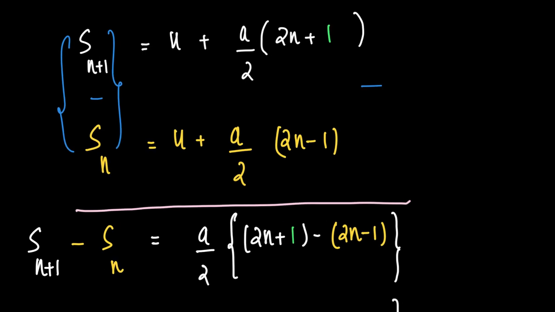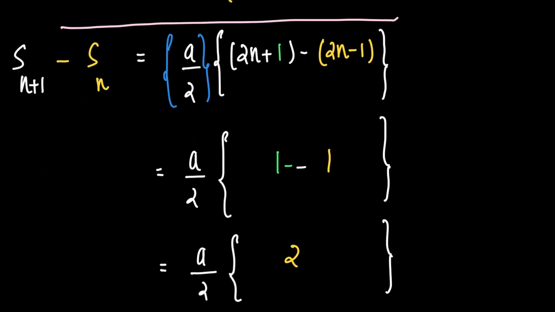The RHS becomes u minus u, which is 0. a by 2 remains constant, so we can take a by 2 out. And then what we have is 2n plus 1 minus 2n minus 1. So 2n minus 2n is 0. 1 minus minus 1 becomes 1 plus 1, which is equal to 2.